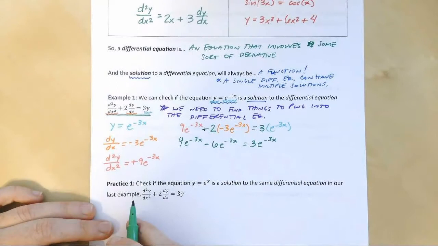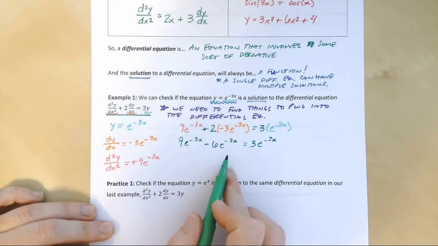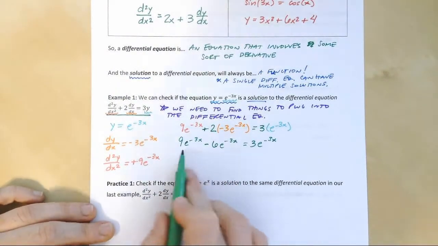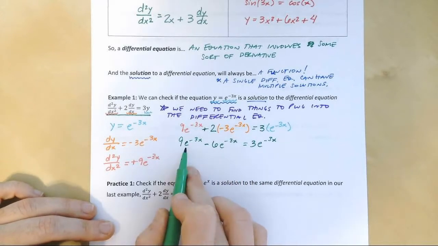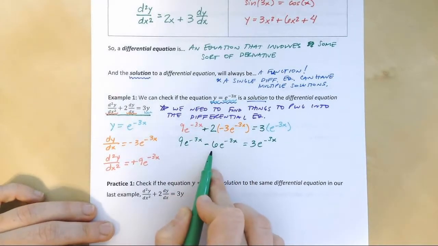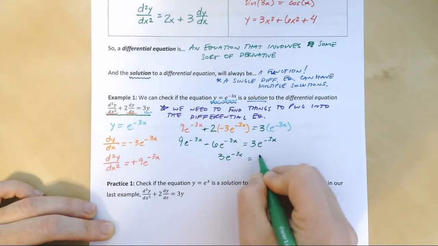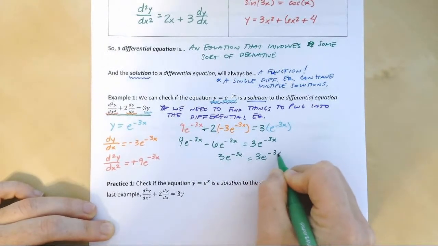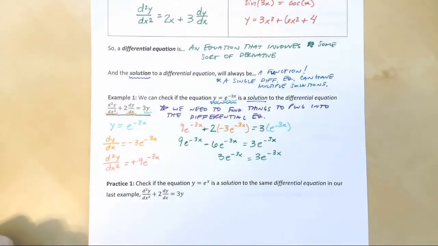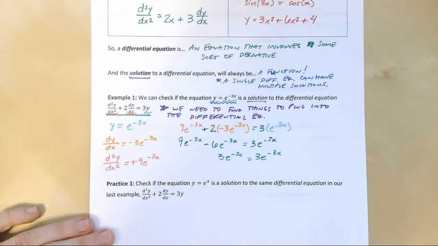Okay, so now that we've plugged in, let's simplify all the way. 9 minus 6 is 3. So 3e to the negative 3x equals 3e to the negative 3x. Okay, this is where we're going to write our asterisk, or a little star, to finish this problem.